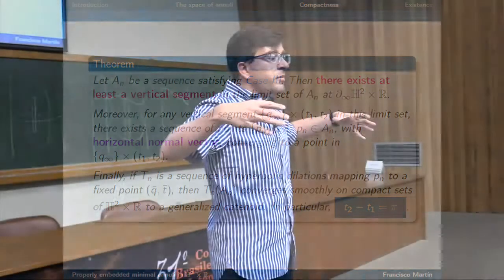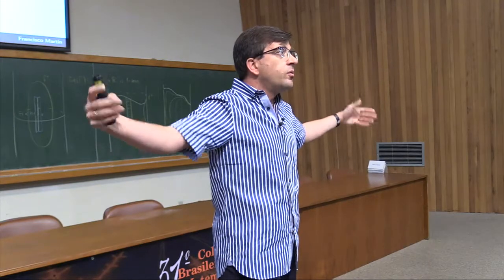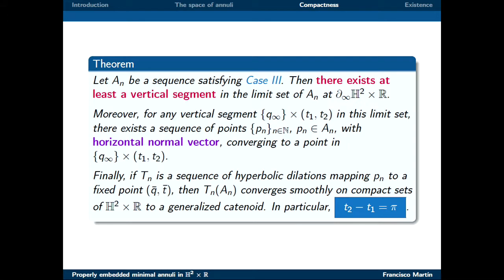So you have a family of annuli so that the size of the neck grows and grows and grows. In the previous case, what you see at infinity is a catenoid forming. Now what you see at infinity is a generalized catenoid forming. I mean, a Daniel's example forming at infinity. And this is the behavior. So that means that these two examples, catenoids and generalized catenoids, characterize the asymptotic limit of these annuli at infinity.